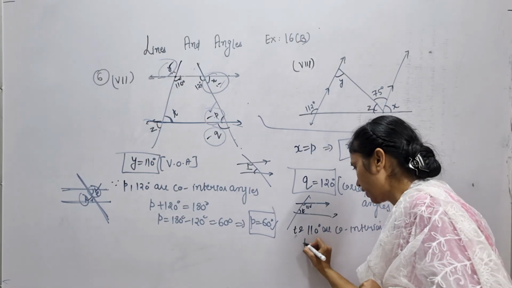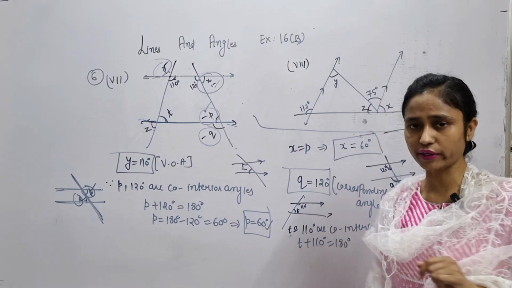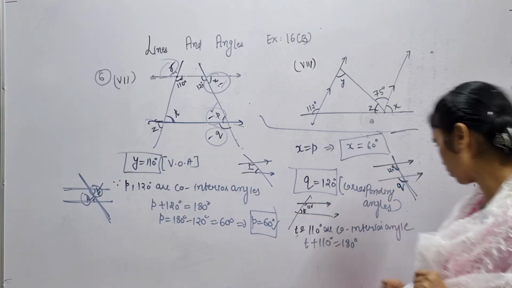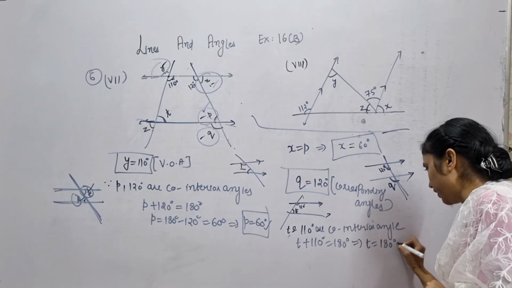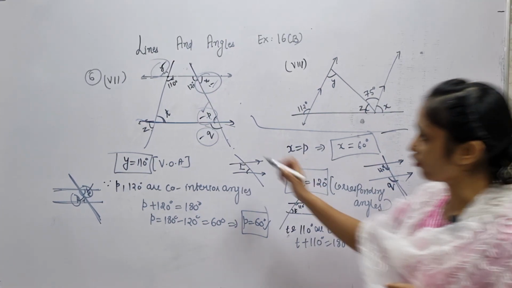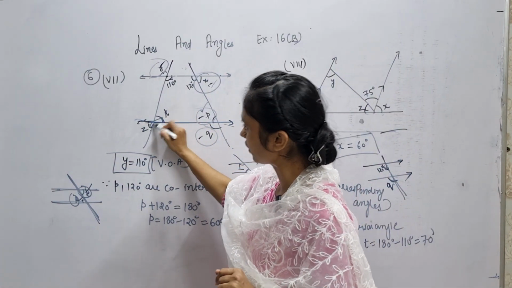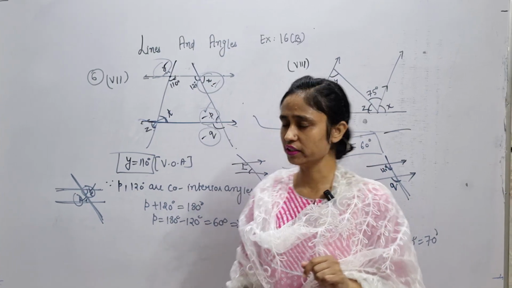Then what would happen? T plus 110 will be equal to 180 degree because co-interior angles are supplementary. Okay, means that T will be equal to 180 degree minus 110 is equal to 70 degree. If T is 70, so will be Z because Z is the vertically opposite angle of T.